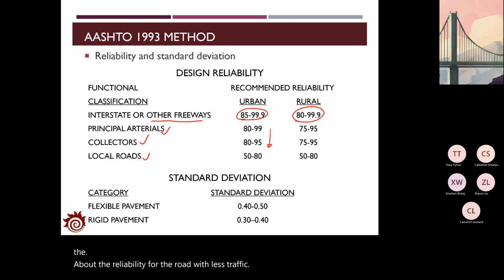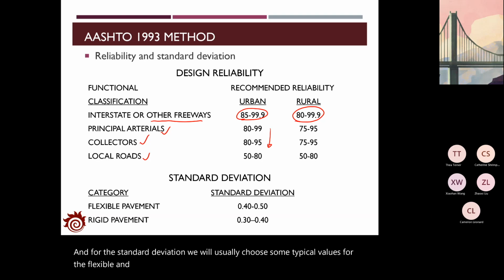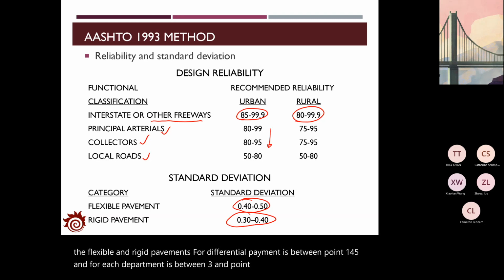And for the standard deviation, we will usually choose some typical values for the flexible and the rigid pavement. For the flexible pavement, it's between 0.4 and 0.5. And for the rigid pavement, it's between 0.3 and 0.4. So those would be some values that you can choose from experience.